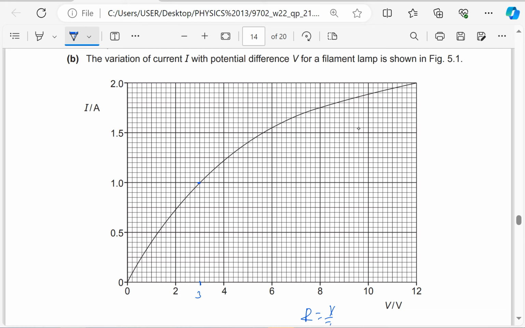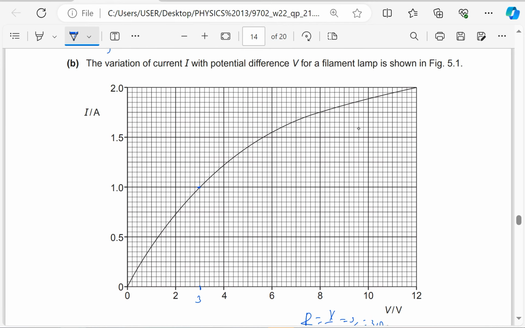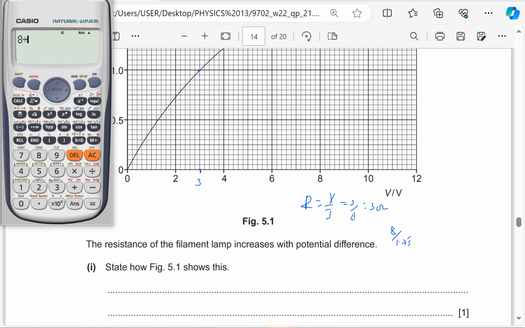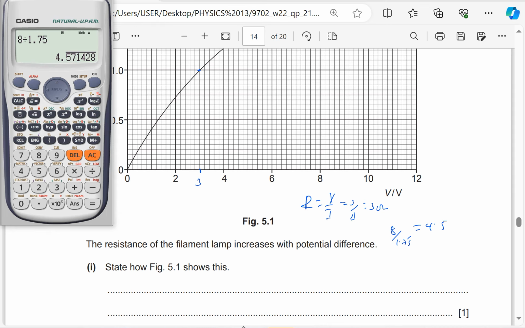So this is 3, the other one is 1. So that is 3 divided by 1, which is 3 ohms. Let me check another one at 8. That is 1.75, I think. 8 divided by 1.75 is 4.6.